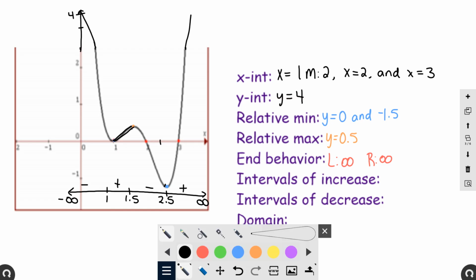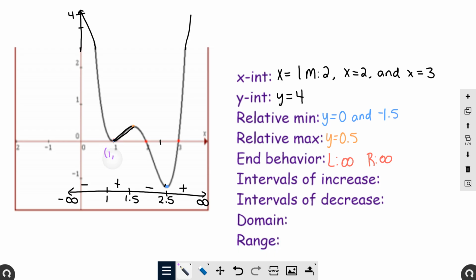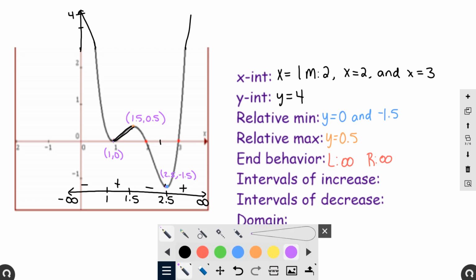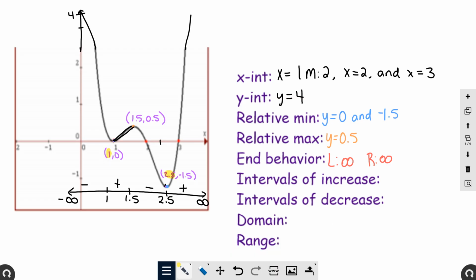Now, what you might also want to do, if this helps you, is write these as coordinate points. This is the point 1, 0. This is the point 1.5 and 0.5. This point would be 2.5 and negative 1.5. And again, we're using the x values for intervals of increase, so those x values are what's going to be on that scale.